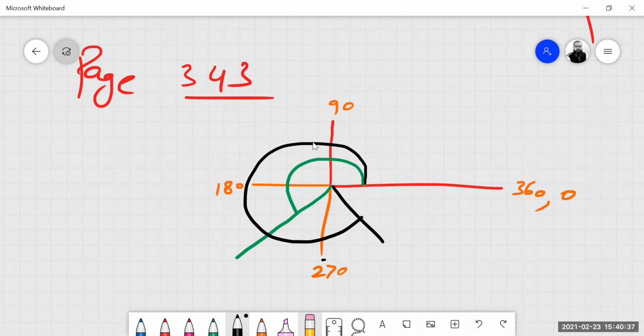Because 270 is until here. Definitely it will be less. So this is a reflex angle. When the angle is between 180 and 360, these both are reflex angles.